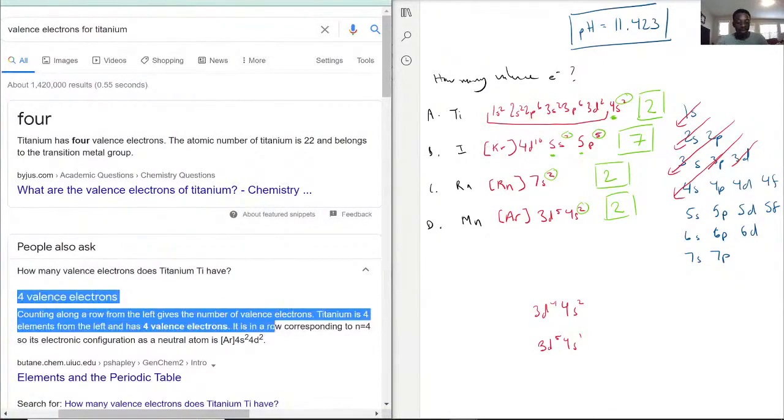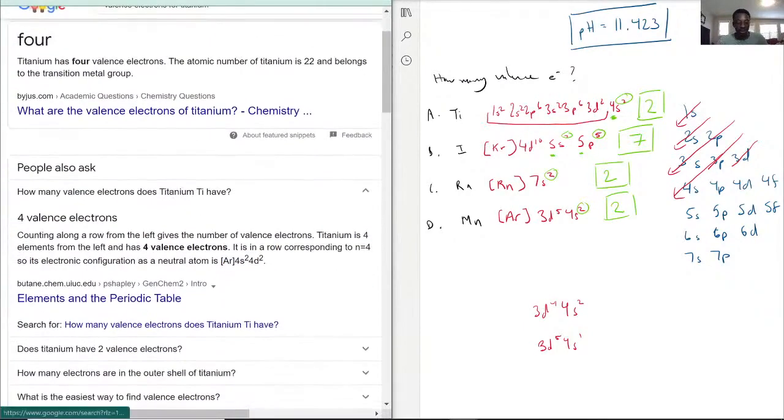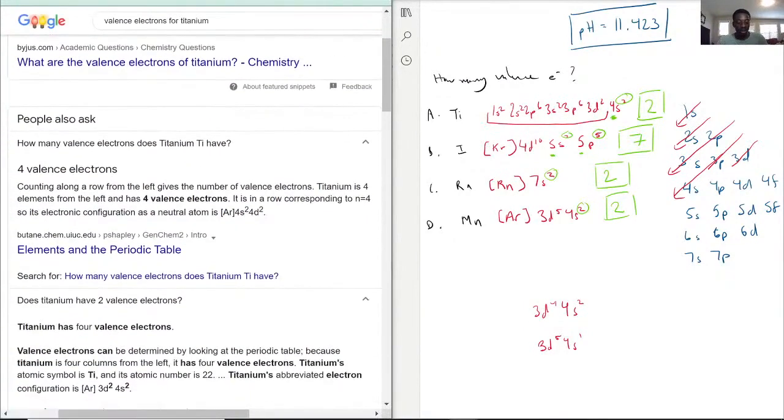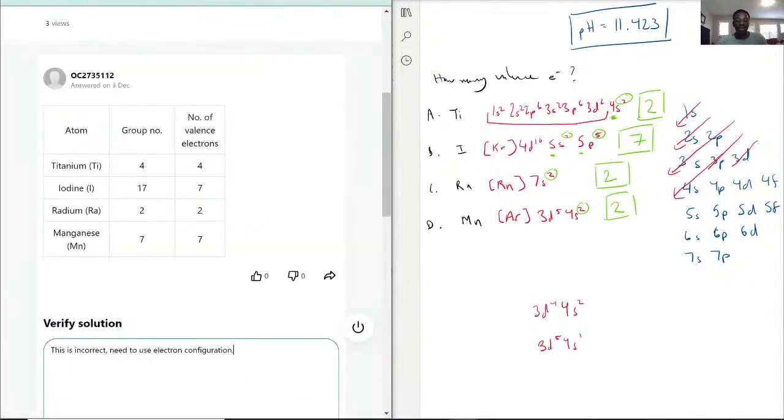But exactly, you see here, they actually have it wrong as well, because it'll be 4s2 3d2, not 4d2. And here, valence electrons, interesting. But exactly, the configuration is 3d2 4s2. It only really has 2 electrons to work with in the valence shell.